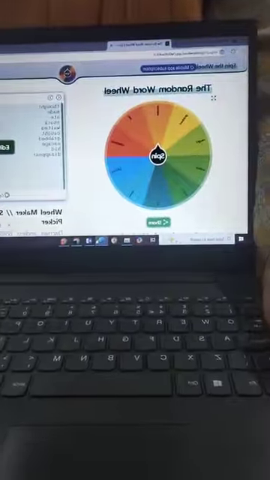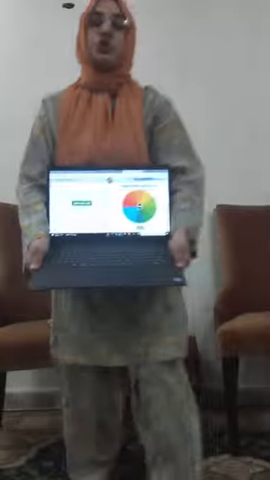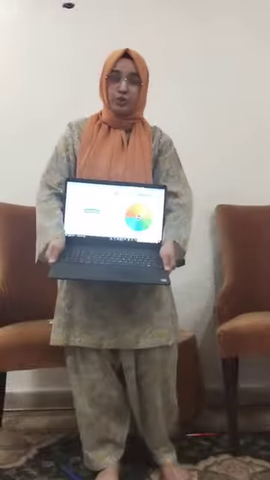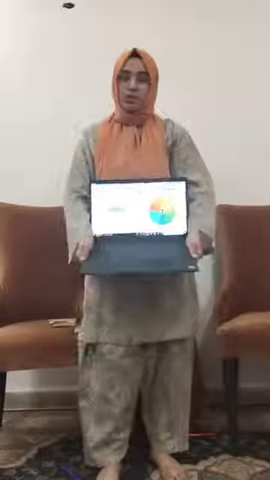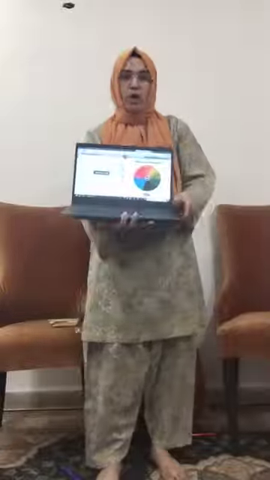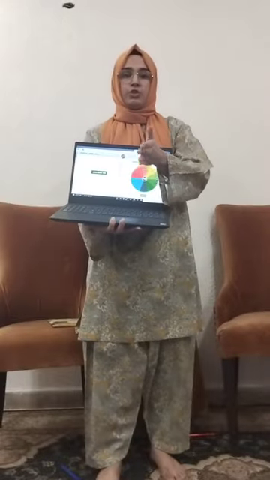So, moving on to my laptop. This is a random word wheel. I've chosen some words from the story and entered them here. I will divide the class into two sections.